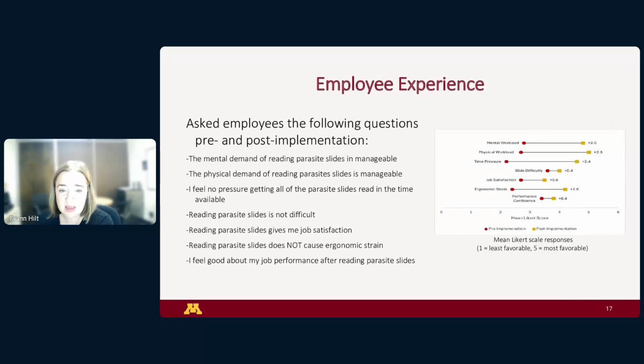The biggest increases I want to highlight are the mental and physical workload, as well as the time pressure. All of that improved pretty significantly, over 2 points across all of our employees. I think that is one of the big key drivers that we actually did something that truly helped our employees. And that's what I really love about implementing this workflow.